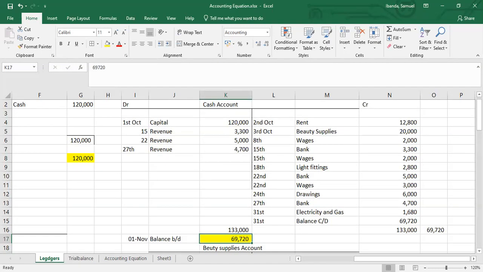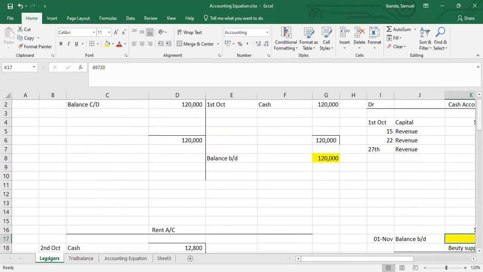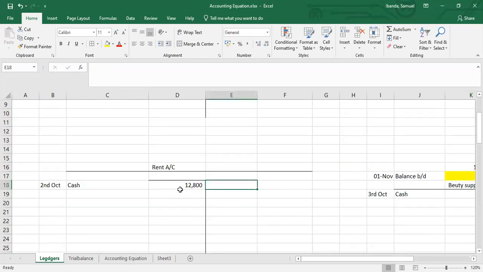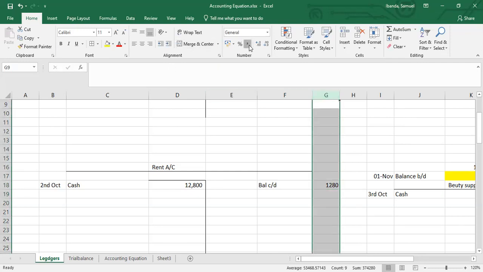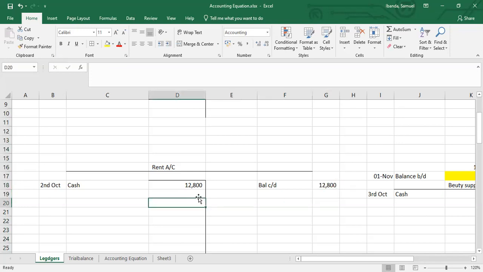Now I'll move to the next account that is near here. I have rent. So for rent, I'll get my balance carried down of the same value, trade of 800.